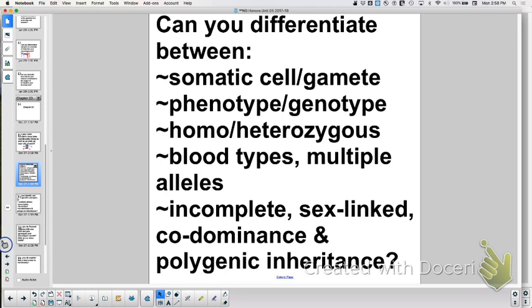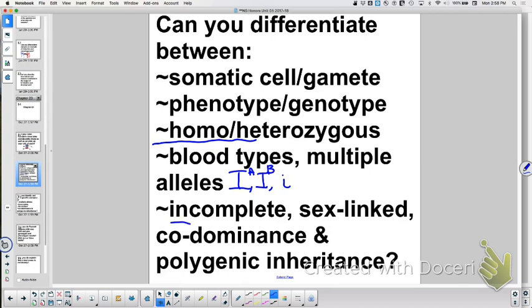Now, we're going to see some exceptions from here down, right? So, blood types is interesting because that's an example of what? Multiple alleles. So, instead of just big I and little i, you could have big I A, big I B, and little i.